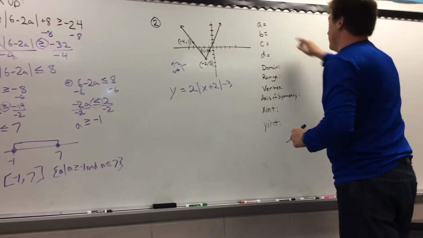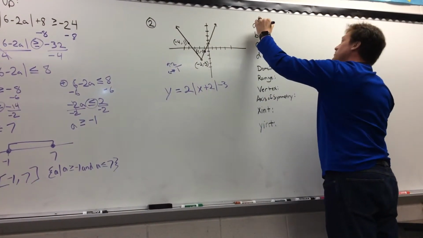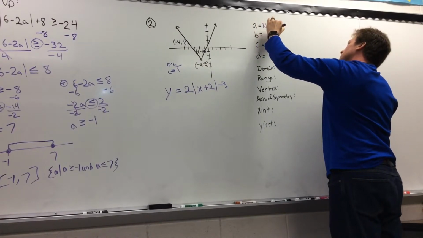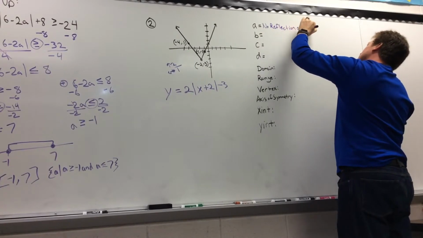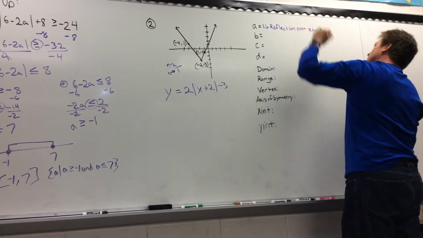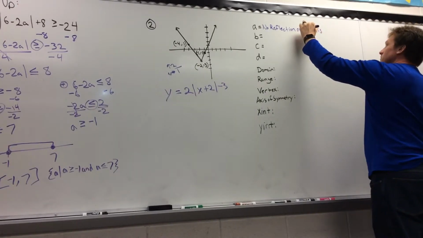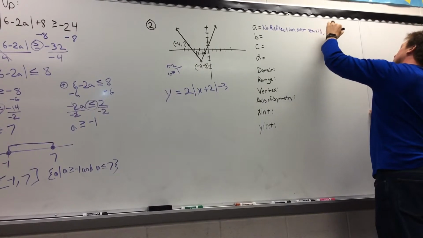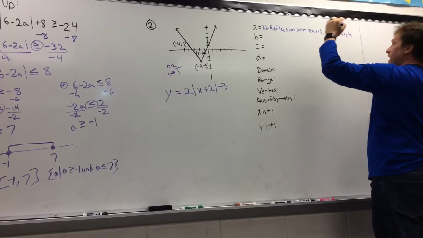Let's go ahead and talk about the A value. The A value is 2. So we know that there's no reflection over the x-axis. Okay, and we know that it is a vertical stretch by a factor of 2.